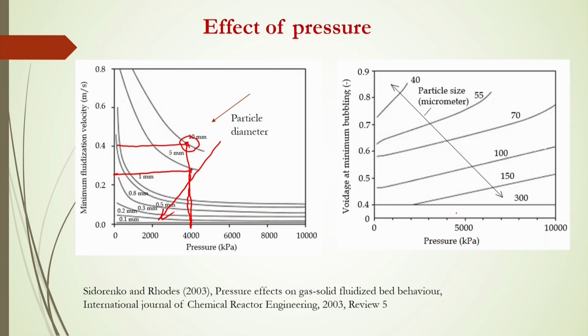The voidage will increase with respect to pressure. So, if you increase the pressure, the voidage will increase, whereas if you increase the particle diameter, the voidage will decrease.